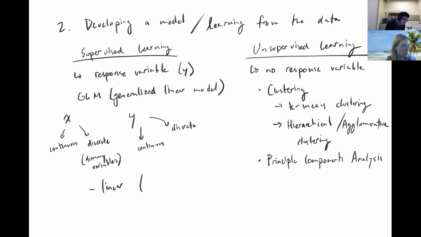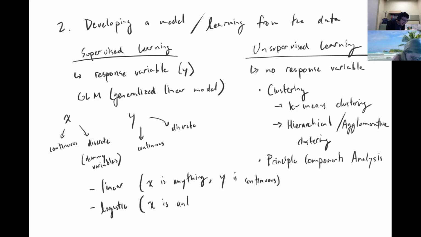This assumes that X is anything and Y is continuous. And then we had our logistic models. In this one, X is anything and Y is discrete.